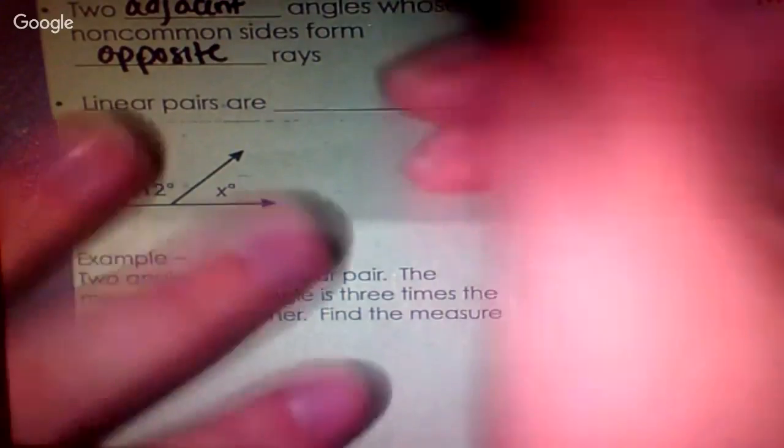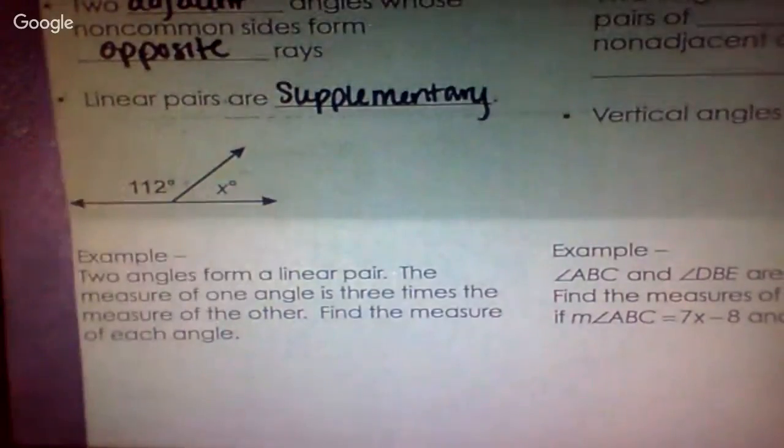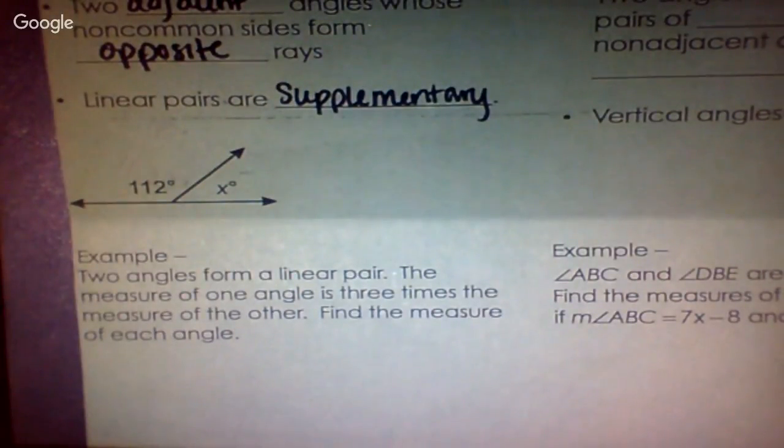Linear pairs are what we call supplementary. Does anybody remember what the word supplementary means? It has something to do with the total amount of the angles. They equal 180. Good.